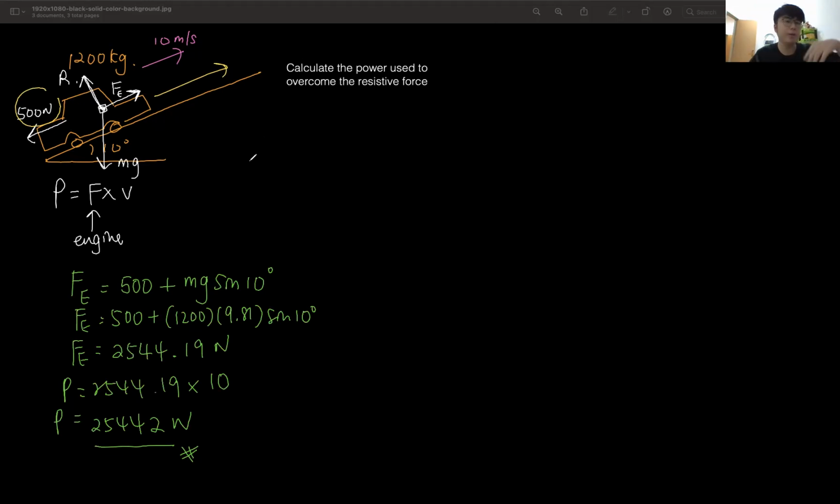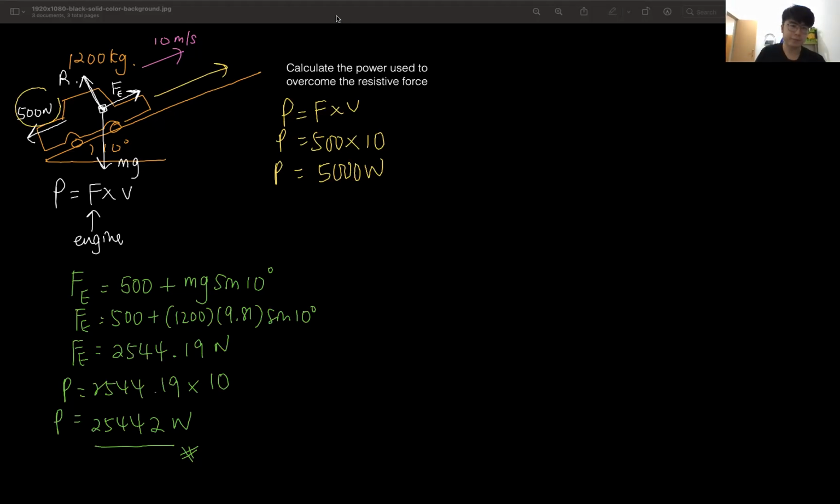Power equals force times velocity, that is 500 times 10, equals 5,000 watt. This power is from the air resistance, the drag. You can also say that it is taking this much power away from the car. So how much power is the car doing against the resistive force? 5,000 watt.